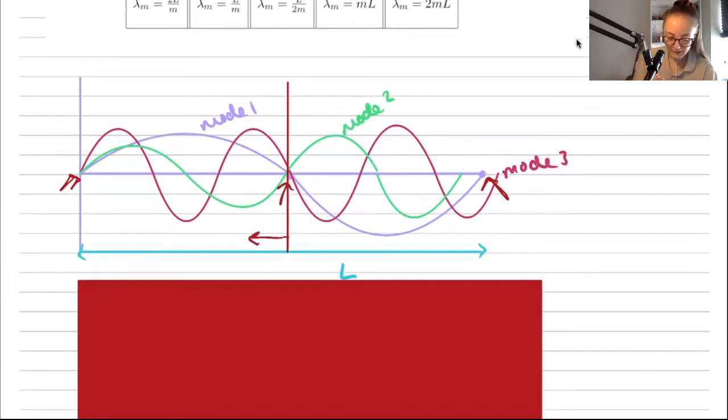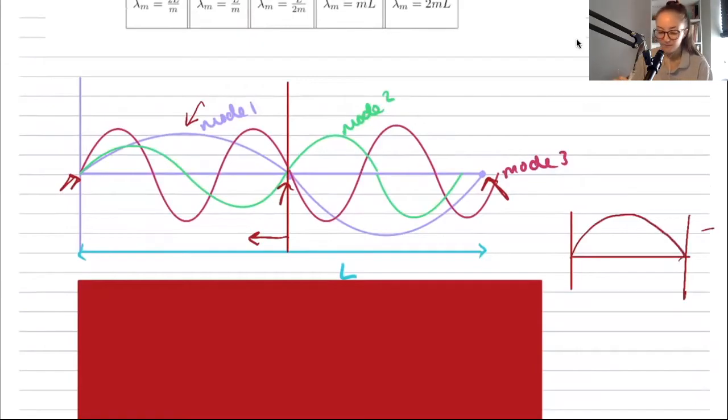We have technically this mode 1 here, which, if you remember what your mode shapes look like, would be like this with essentially 1 half wave in it. Our mode 2 would look like this with 2 half waves in it. Our mode 3 would look like this with 3 half waves in it. So essentially, we have 1 extra half wave at each mode.